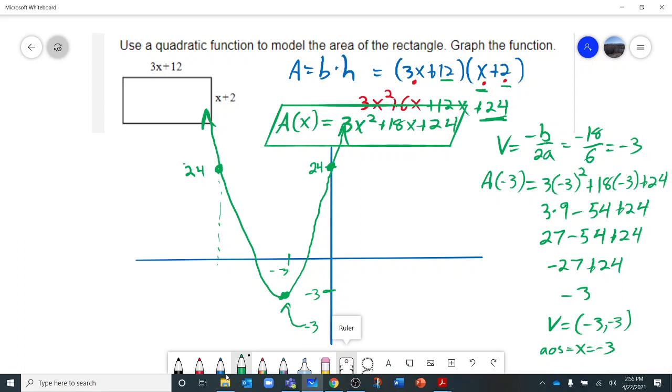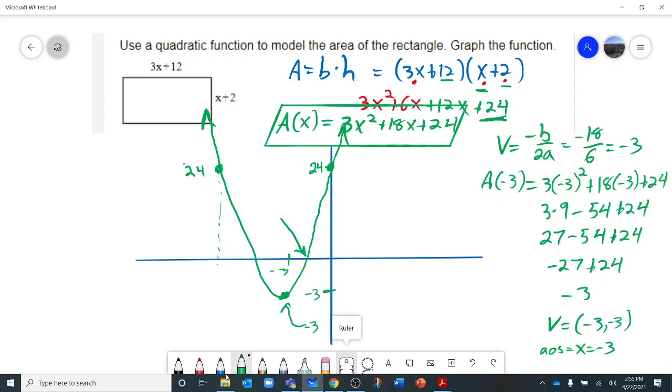So you just need a side that's negative 1, which you can't do. Sorry, I should reiterate this. All of the possible areas are going to be past this point.